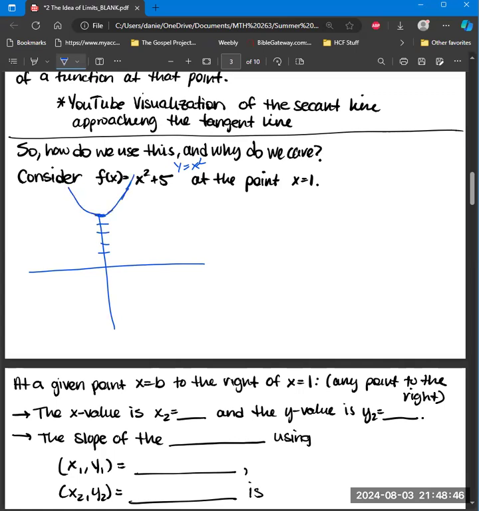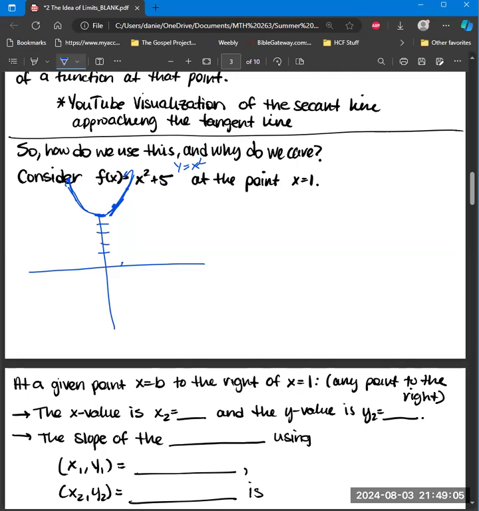Not going to draw it perfectly, but it's going to be something like that because of transformations. And at x equals 1, we have 1 plus 5, which is 6. We're going to be somewhere up here that we want to find that tangent line right there.